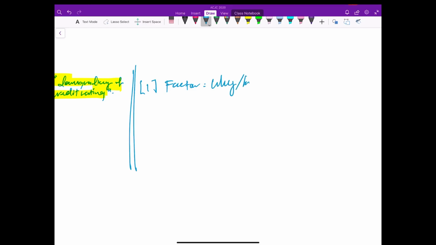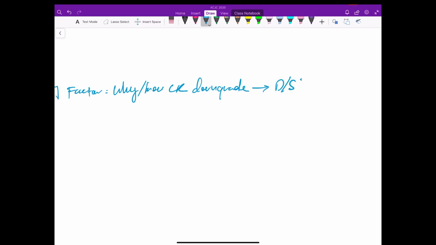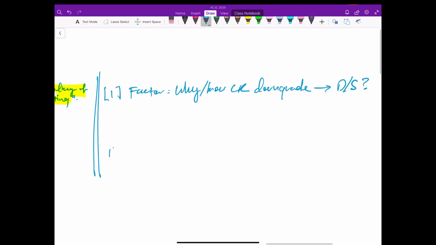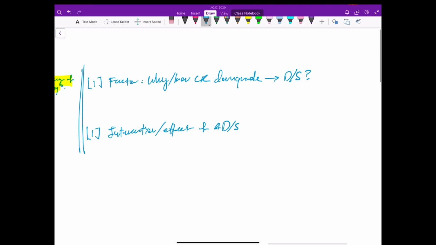Why or how does the credit rating downgrade affect the demand or supply? The second mark will be the interaction and the effect of the changes in demand and or supply. Right? So, what is the credit rating going to do for demand and supply?